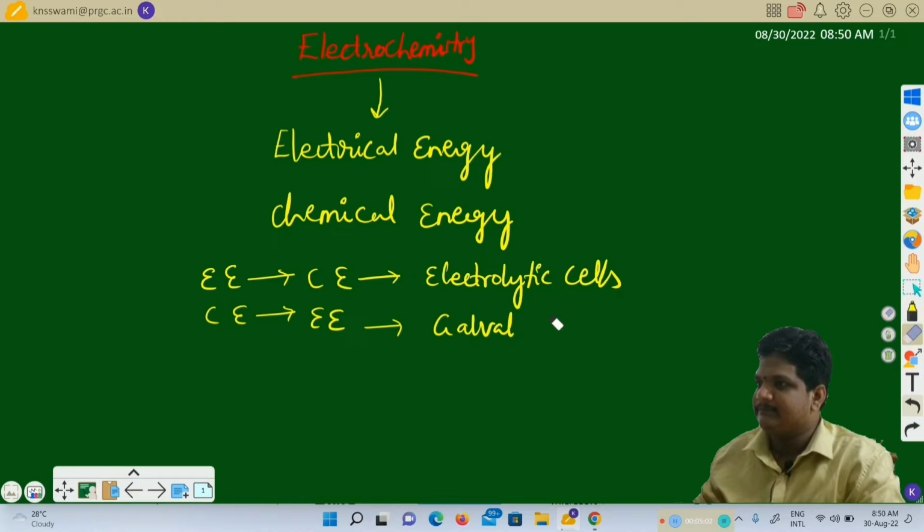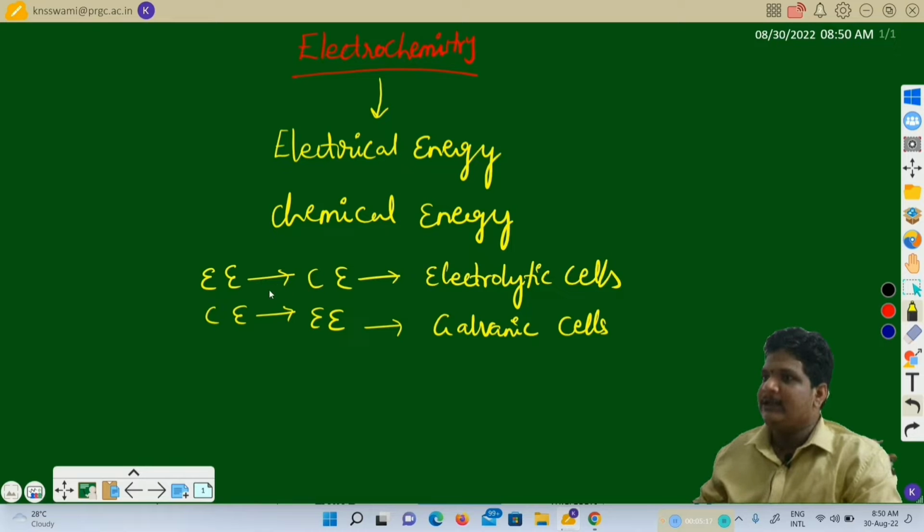In electrolytic cells, due to passage of electricity, a chemical reaction takes place. In galvanic cells, due to a chemical reaction, electrical energy is generated.